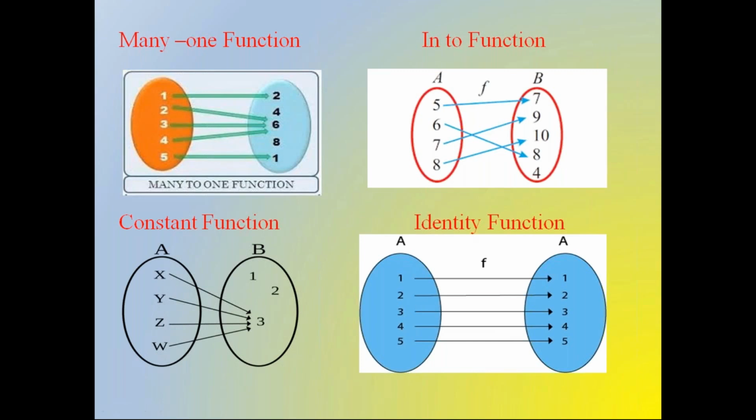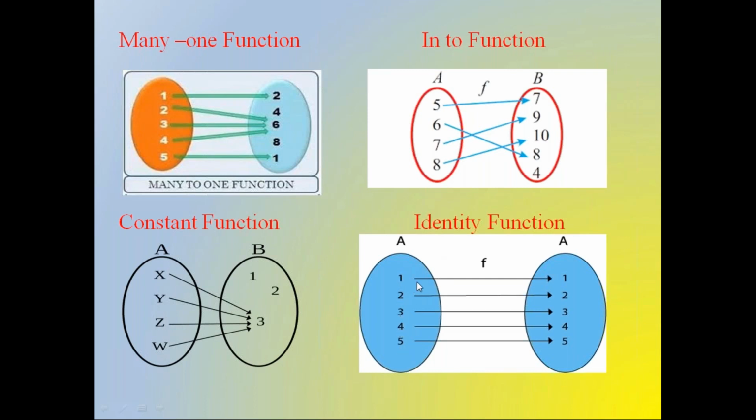Already I told you, for the identity element, every element of the set A must have a relationship with the same element of the set A. So f from A to A is called the identity function. See here, both are A and A. The numbers in the set A are 1, 2, 3, 4, 5.